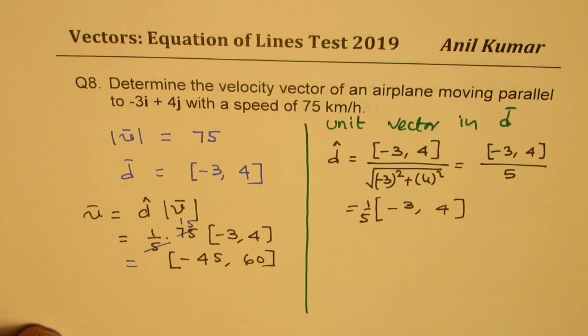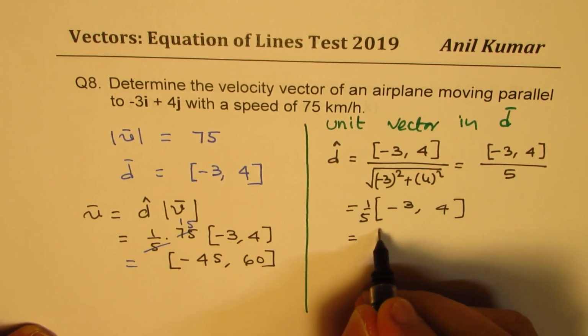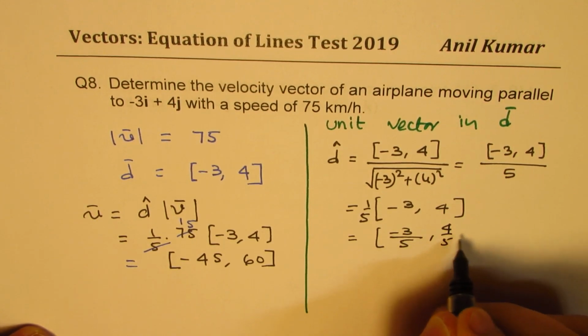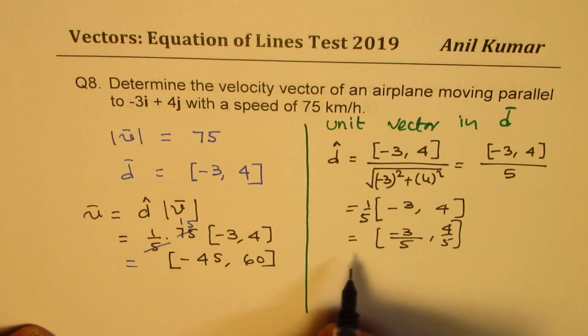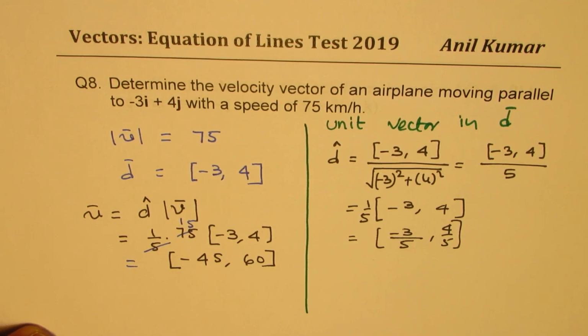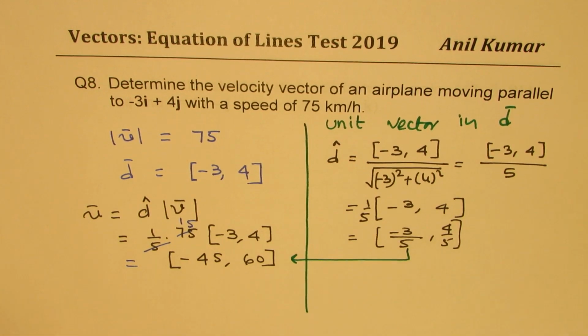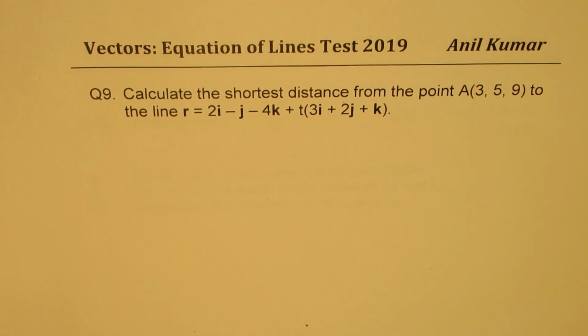I hope the steps are clear. You could have done it the other way also, which is normal. You could write like this, and then multiply this by 75 to get your result, right? So you could do it like this also. One and the same thing. Times 75, correct?